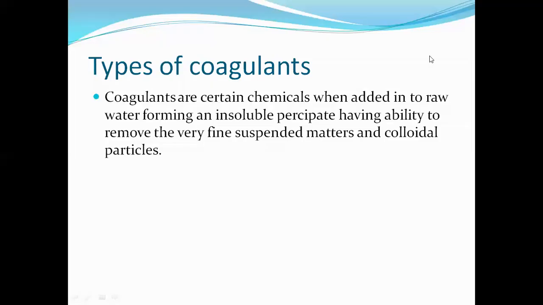Now see, for this coagulation process, which types of coagulants are used? Coagulants are certain chemicals which, when added to raw water, form an insoluble precipitate having the ability to remove very fine suspended matter and colloidal particles. You know this process of coagulation and this function of coagulant; we already discussed it.